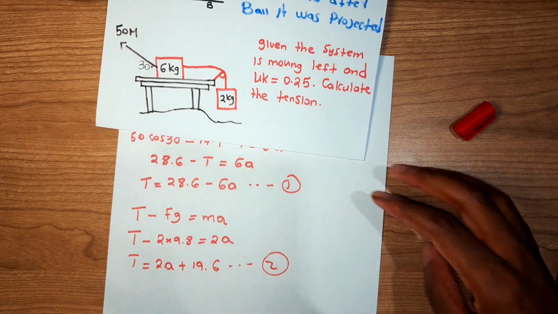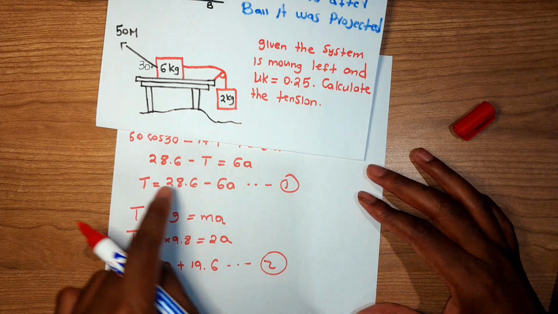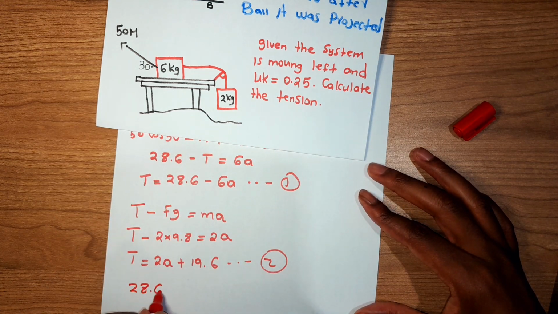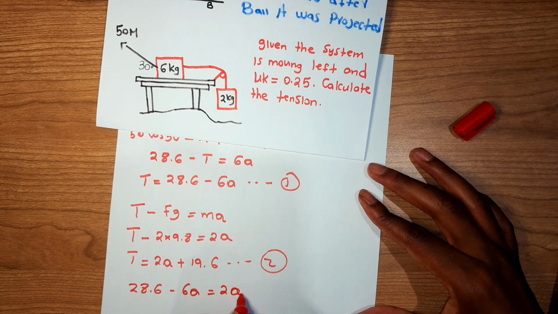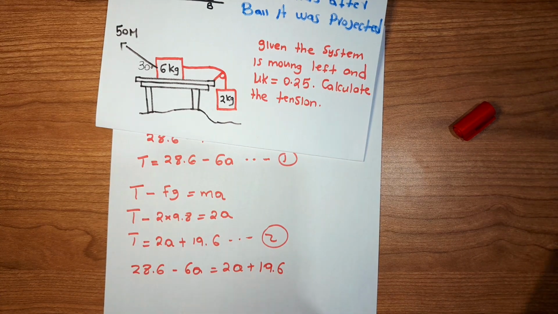And then because these t are equal, I'm just going to equate these two equations. So I'm just going to write 28.6 minus 6a equals 2a plus 19.6, right? So let's look at this one. I'm just going to take 19.6 to the other side.